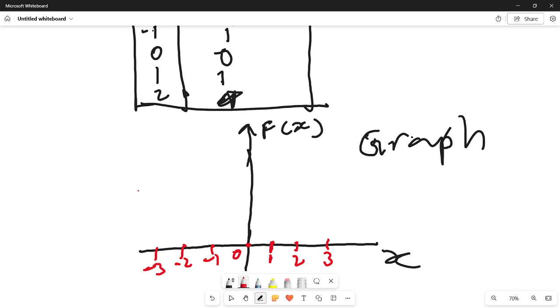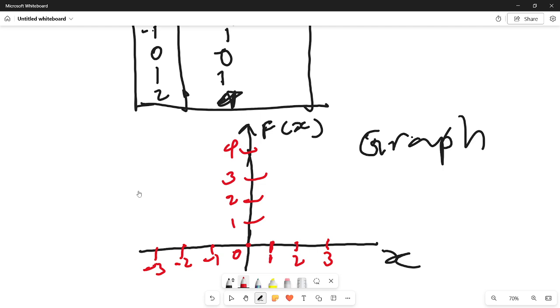For the output, we only have positive values. So we have 1, 2, 3. Forgive my handwriting. So here this is 3, 4.